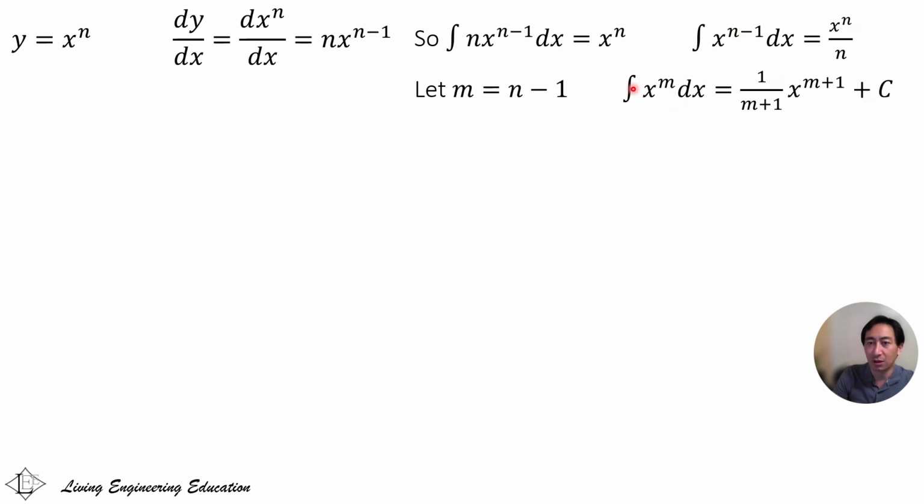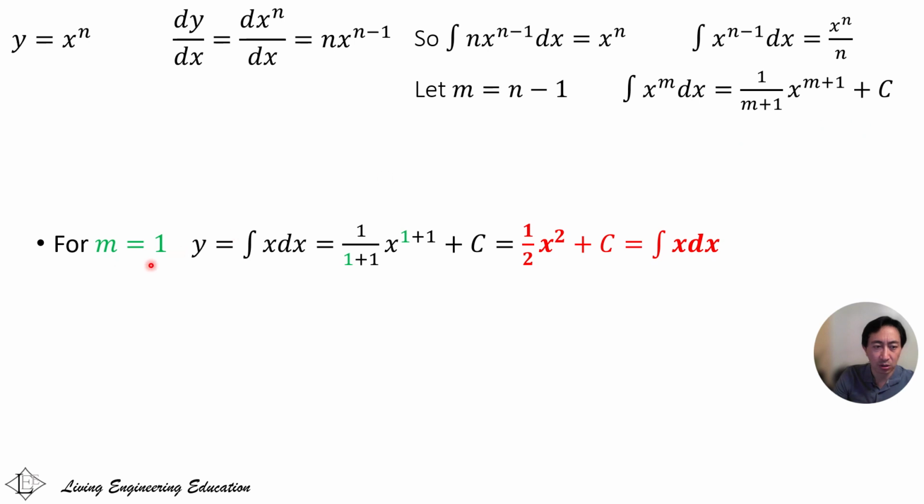So this is the definition that we will use, right? Again, you can write this as the integral of x to the n dx is equal to 1 over n plus 1 x to the power n plus 1 plus c. Okay, so how does this look in application? If I look at m equals 1, or the integral of x dx, this can be 1 over 1 plus 1, right?